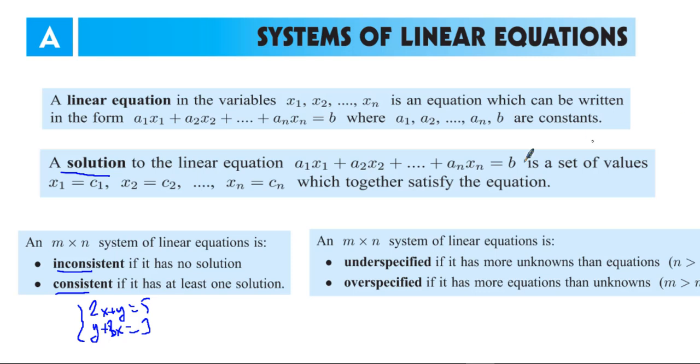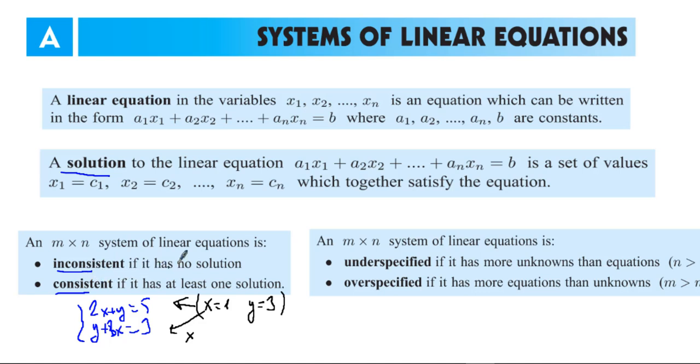How can we understand? For example, for x equals 1 and y equals 3, I have the correct result for the first one, but the same solution does not give me the correct result in the second one. If I have this case, it means there is an inconsistency in my simultaneous equations. So this solution works for the first one, but it doesn't work for the second one.